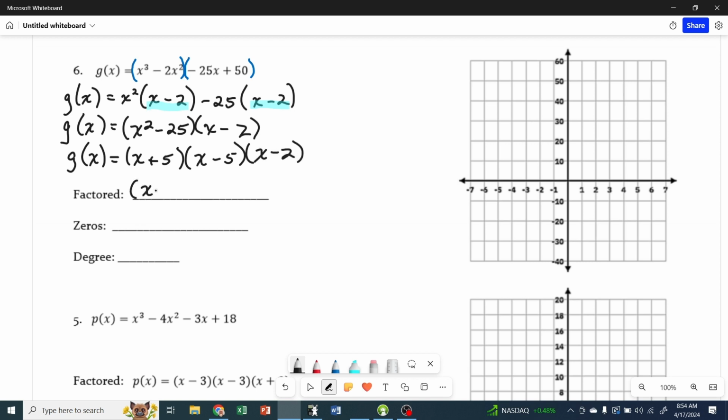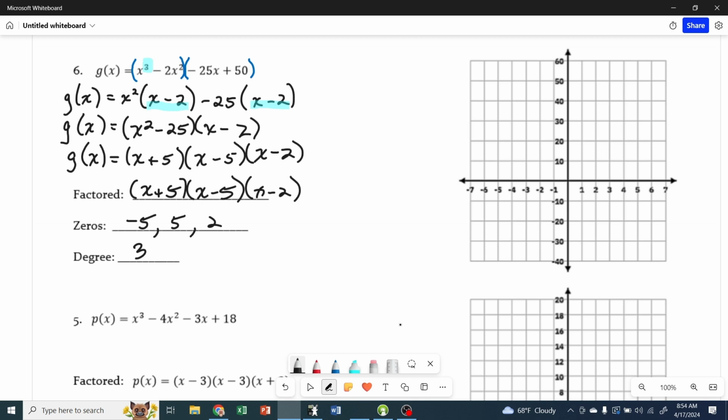So we're going to put all this down here. And my zeros are at negative 5, positive 5, and then positive 2. And my degree is 3, right? Because right here is our degree.